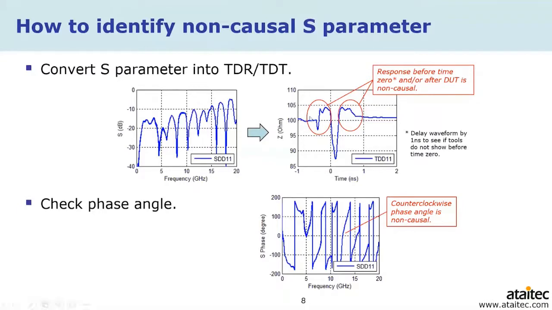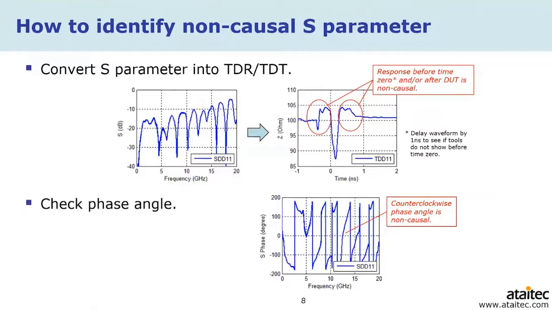In frequency domain, you can look at the phase angles. When they are counterclockwise, it's non-causal, but beware that this is a necessary but not sufficient condition. In many cases, the phase angles look perfectly clockwise, but actually they are non-causal. One typical example is from port extension.